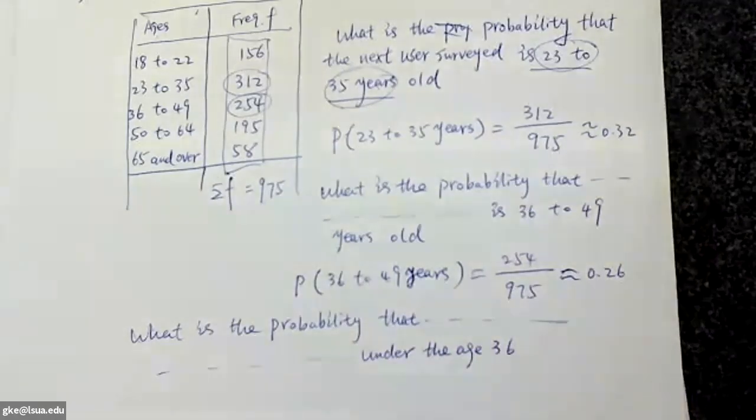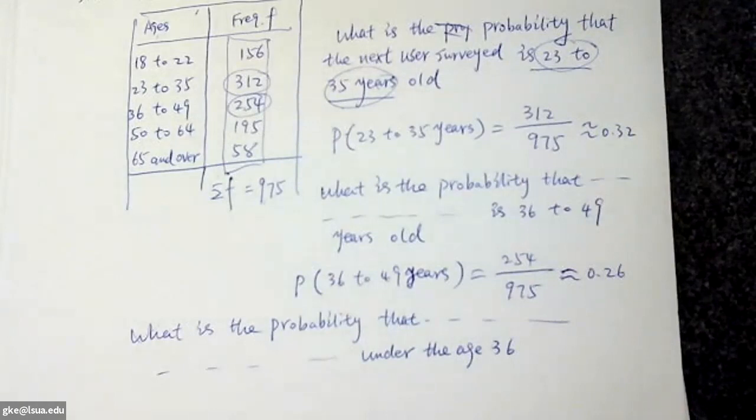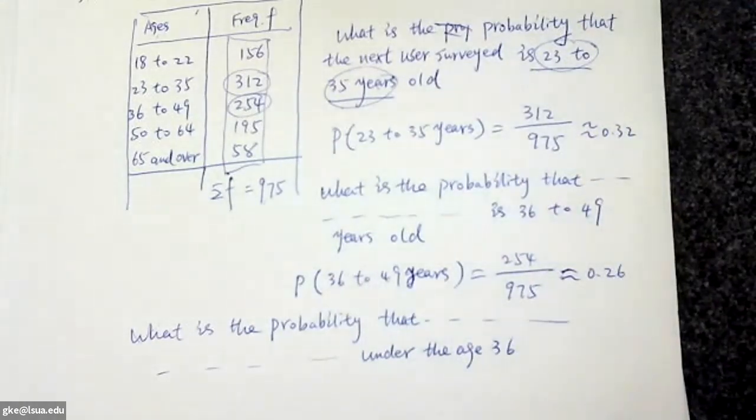What? 0.48. I think you made a mistake. Under 36, so 312 plus 156. That's right. Is that right? Okay, so when I divide it by 975, what do you get?